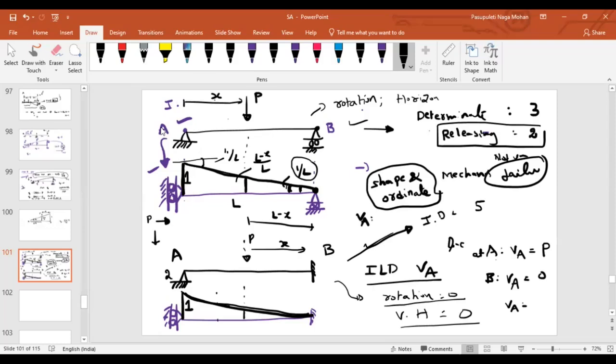How many are we releasing? 1 for drawing ILD. That means still how many reactions will exist? 4. So if it is an indeterminate structure and you use this concept, that means release the force and apply unit displacement, you might visualize the deflected shape of the structure, but you still cannot get the ordinate values.